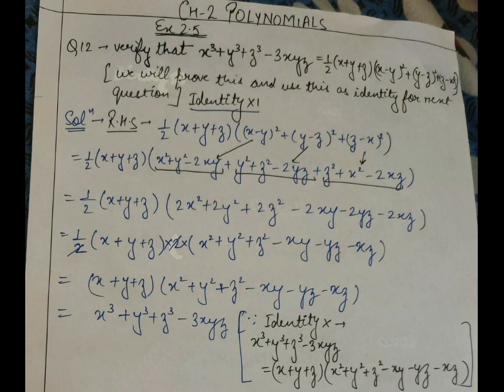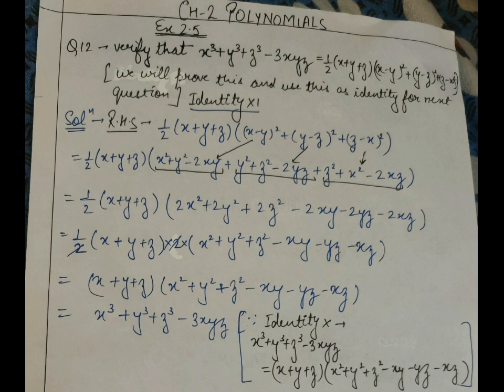So after solving we will get half into x plus y plus z as it is. Then in our second bracket we will get x square plus y square minus 2xy plus y square plus z square minus 2yz plus z square plus x square minus 2xz.